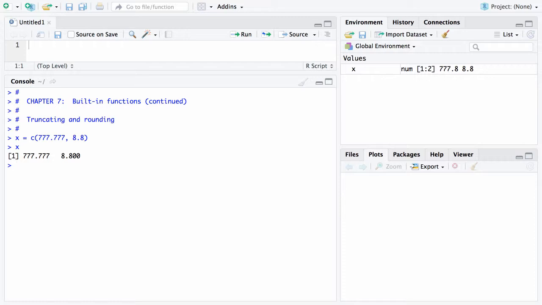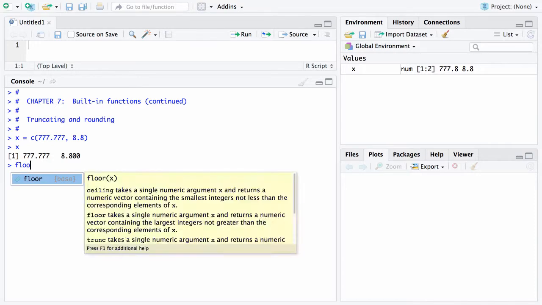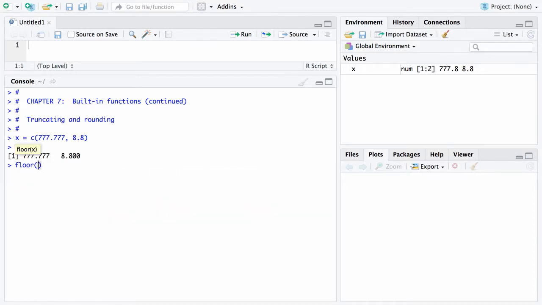The first thing I'd like to introduce is the floor function. What the floor function does is take a value like 3.7 and simply drop it to the next lowest integer. So for example, if we say floor of the vector x, it will take 777.777 down to the next lowest integer, and the same is true of 8.8.